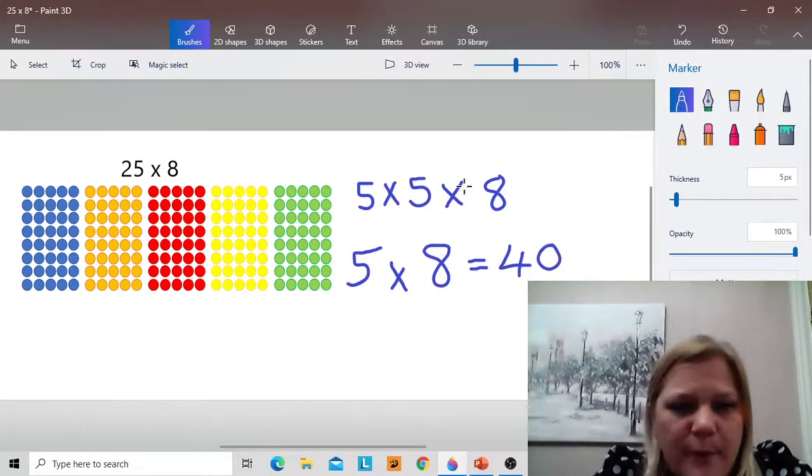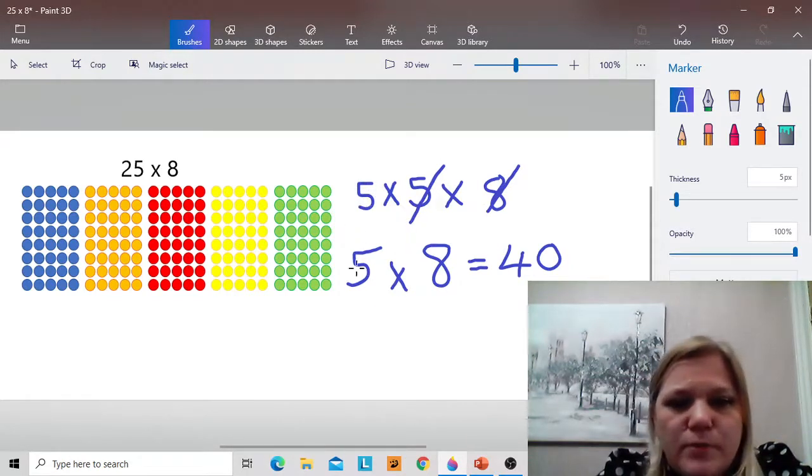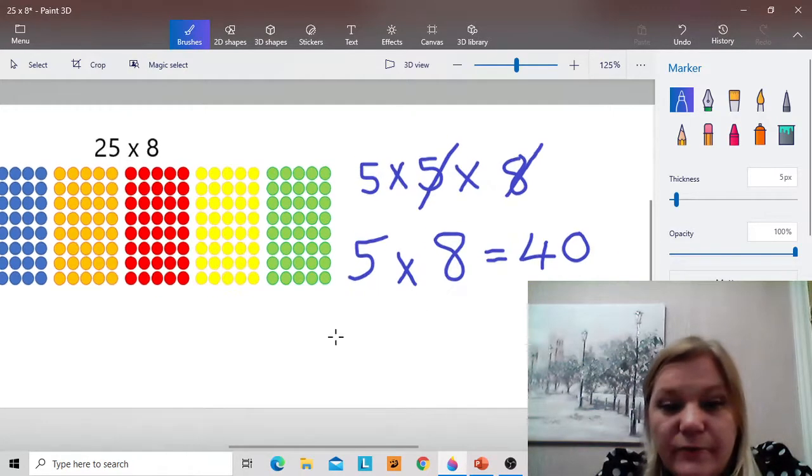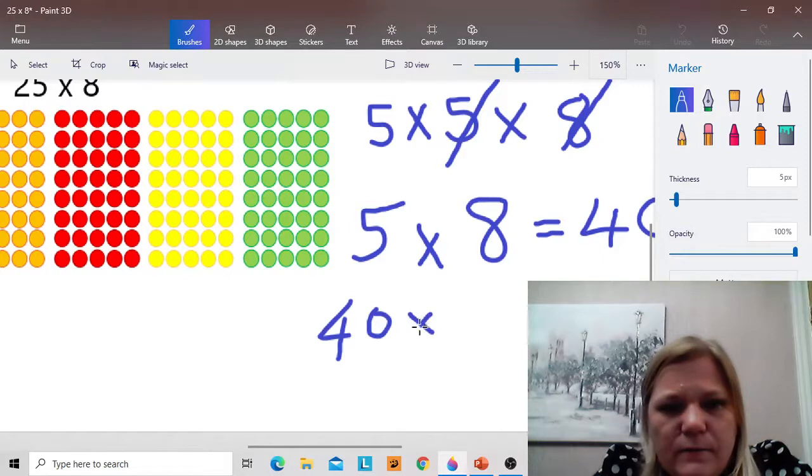So if you look back at this calculation, I've used an 8 here, I've used a 5 here, so now I've got to multiply by this 5. So 40, our answer, times by 5.